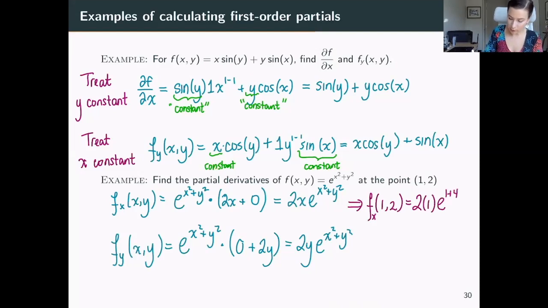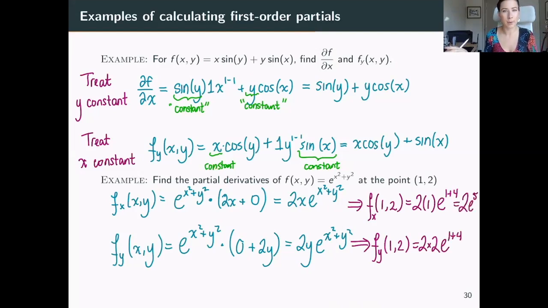And then for our partial derivative with respect to y, we plug in (1, 2). So we would get 2 times 2 e to the, again, 1 plus 4, which after simplifying gives me 2e to the 5 for my partial derivative with respect to x, and 4e to the 5 for my partial derivative with respect to y.